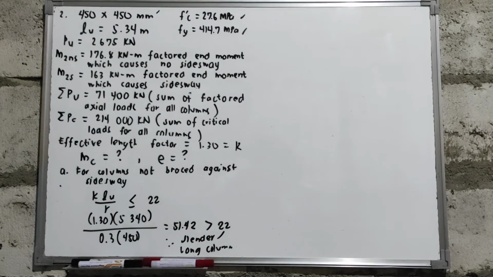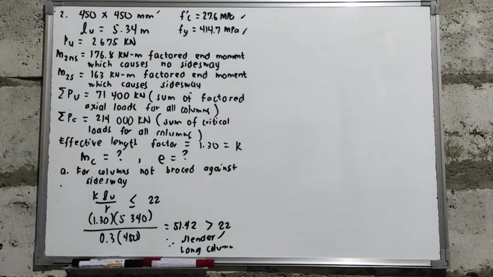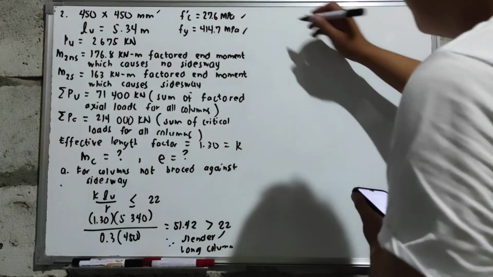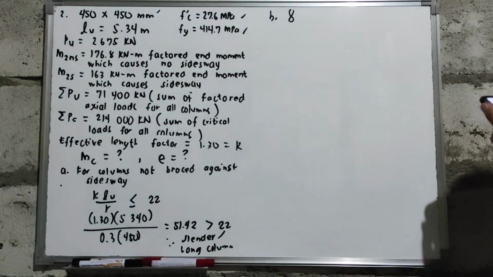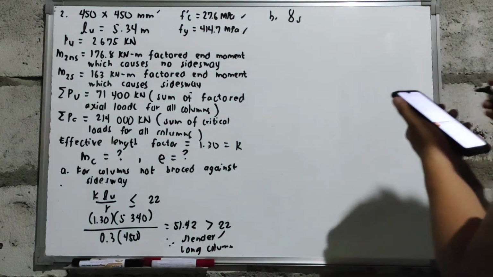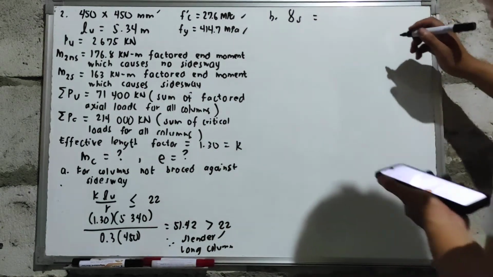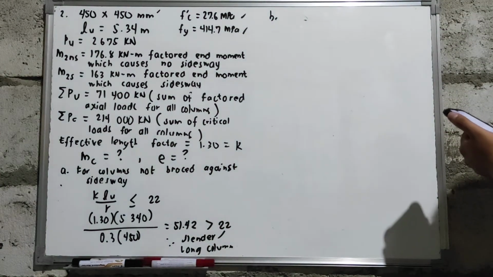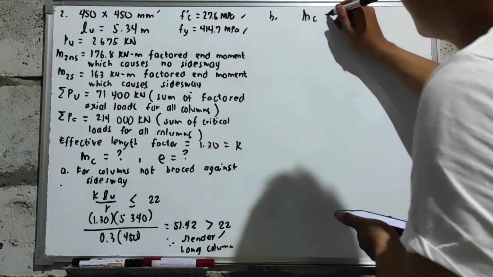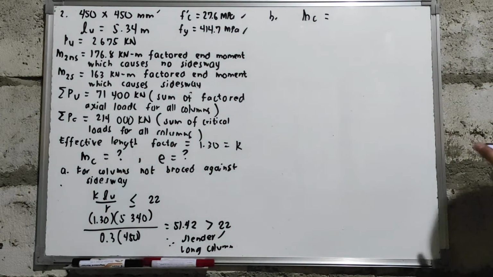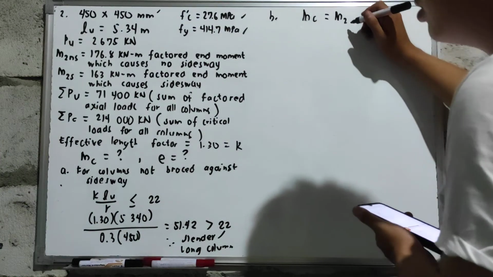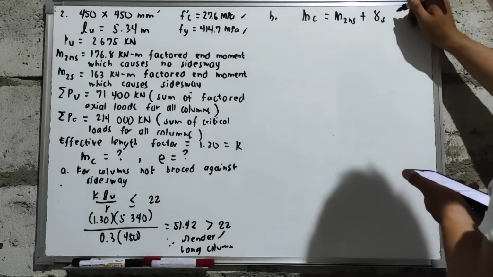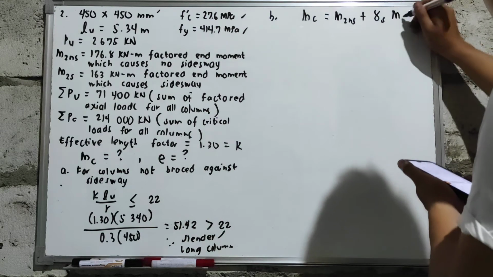So after we know na meron palang effect yung slenderness natin dun sa column natin, we can now solve for the value of your magnified moment muna. So in computing for your moment magnifier, para makuha natin yan, yung formula natin, in computing for the value of your Mc o yung magnified moment natin, that is equal to yung M2ns plus yung magnification factor natin multiplied by M2s.